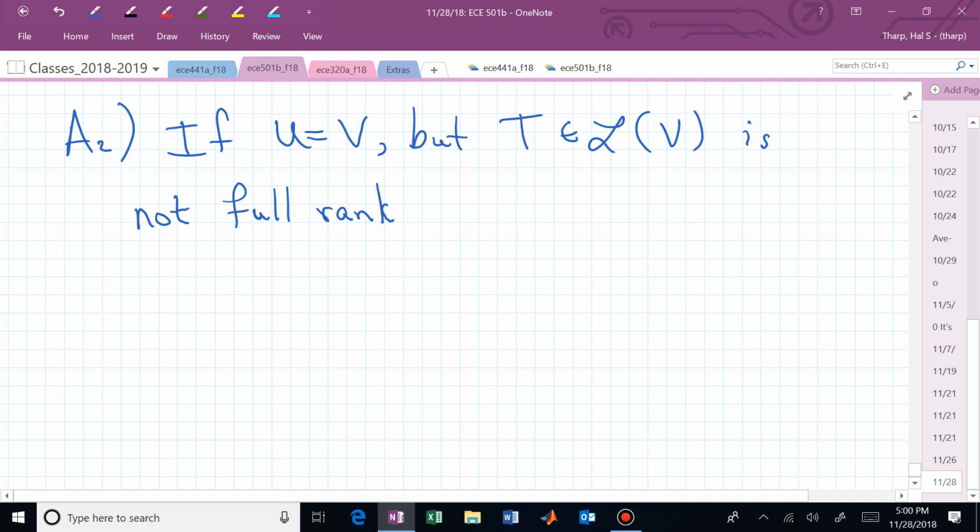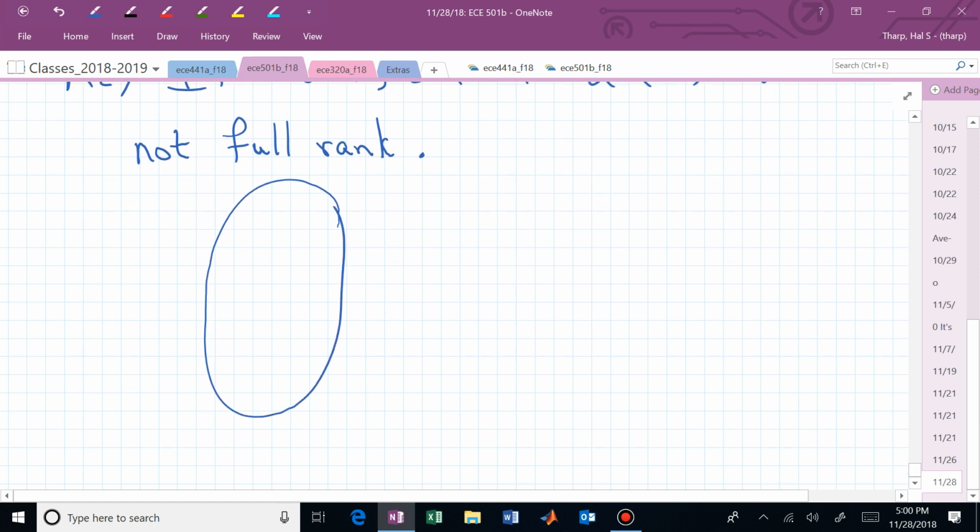What does that mean? Picture-wise, we can go into the clouds again, can't we? We can say, here's our input space, but that's also equal to our output space.